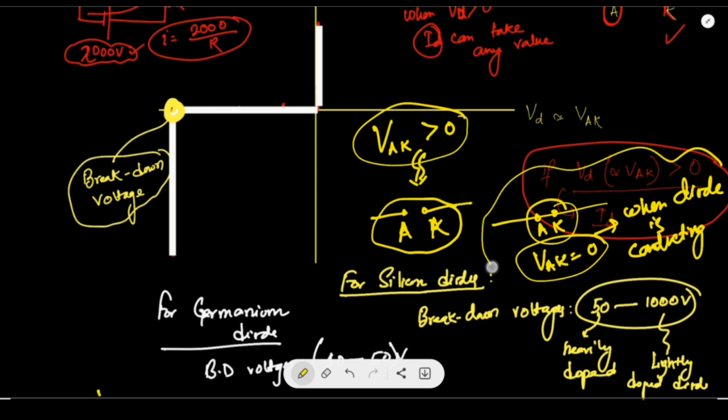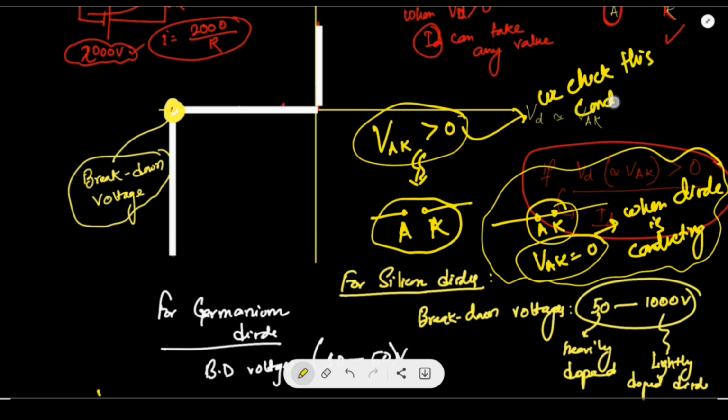Okay, just remember this thing. And we check this condition by open circuiting the diode.